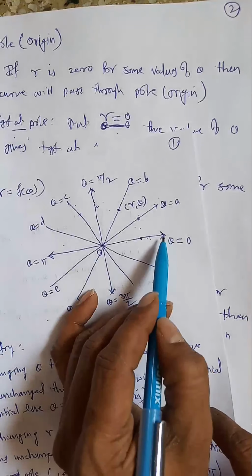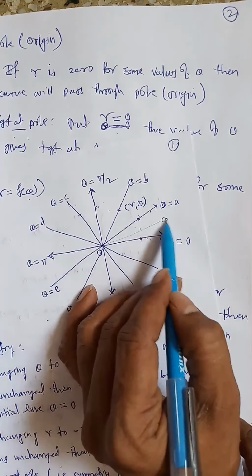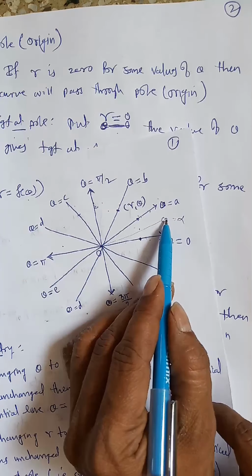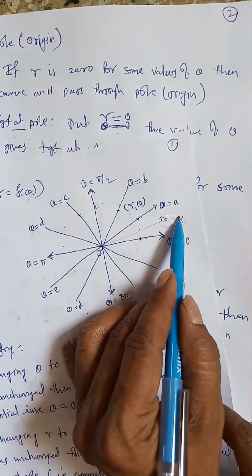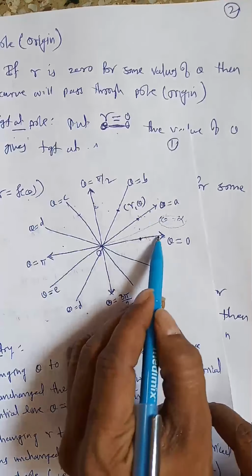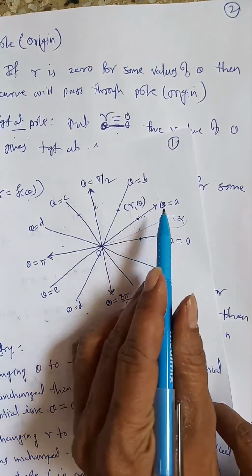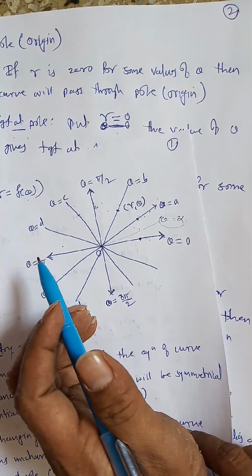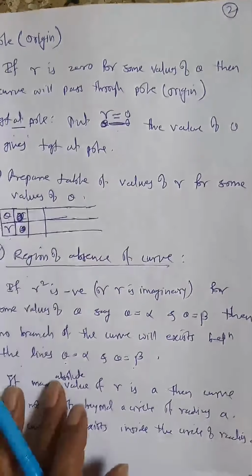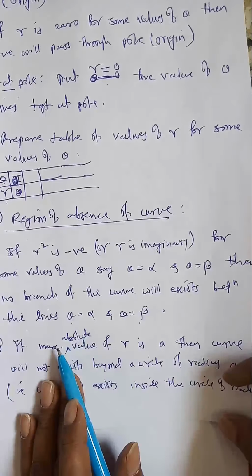For example, between the two lines theta equals 0 and theta equals a, if I take theta equals say alpha, and if the value of r is imaginary for this theta, or r square is negative for this theta, then no branch of the curve will exist between these two lines theta equals 0 and theta equals a. So this is how to check the region of absence of the curve by this first rule.